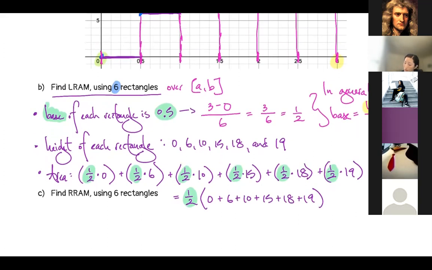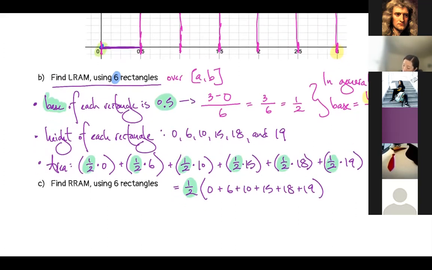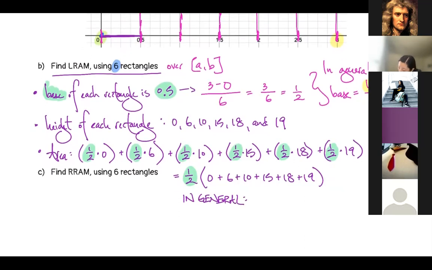You can find out what it equals. But if we were to think about a formula in general for a left approximation, we might write it like this. Notice that the base is out in the front, and we said that the base could be found by b minus a over n. So in general, I'm going to put b minus a over n in the front because that is the base, and it's the same base for every single rectangle.